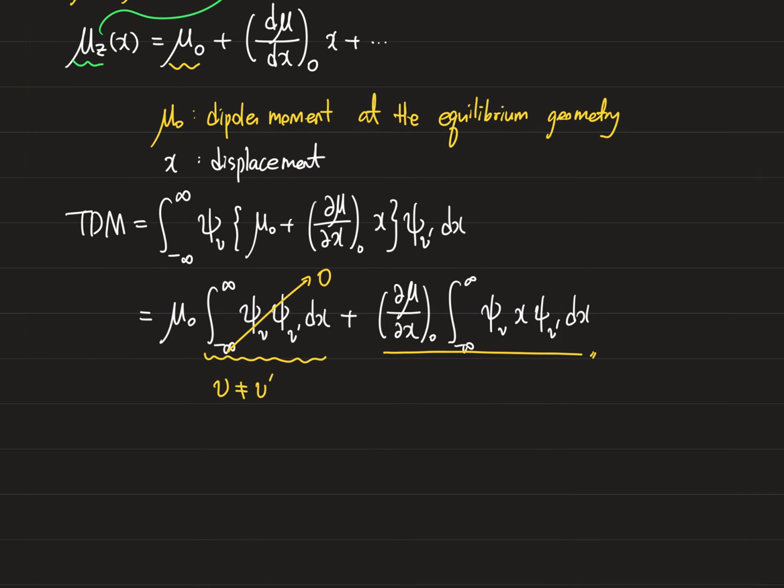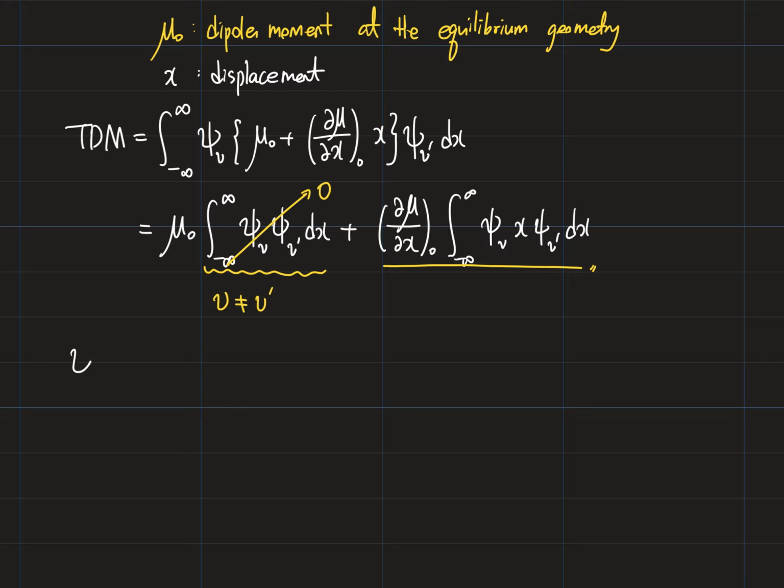We know that the wave function of the one-dimensional harmonic oscillator is a normalization constant multiplied by the Hermite polynomial and exponential of minus xi squared over 2.